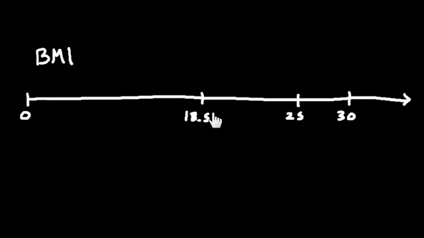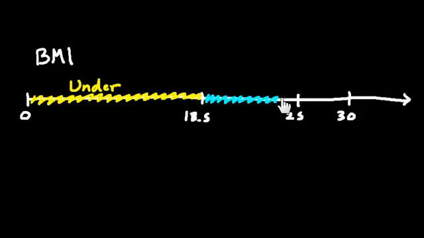What physicians have done is basically divide up the BMI into categories, and they said, okay, well, if your BMI as an adult is somewhere between 0 and 18.5, somewhere in this range, and I'm going to do it in yellow, then you're underweight. I'm just going to write under. And if you're between 18.5 and 25, if you're in this range, you're in a very healthy range. And so I'll write a little smiley face for that.